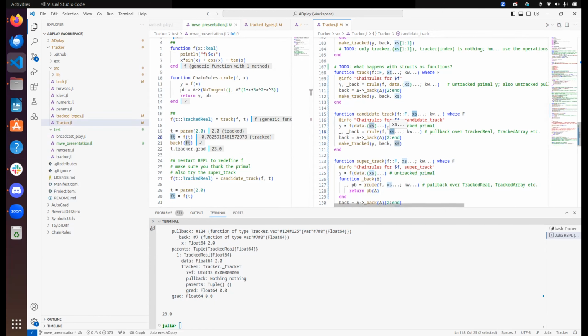The point is that here we only need the pullback, and we no longer need the primal here. We will get a tracked primal, which we don't need basically. So we will even get infinite recursivity here just because of this.